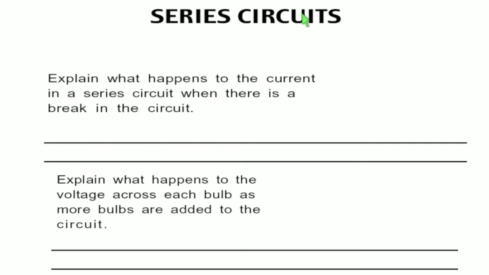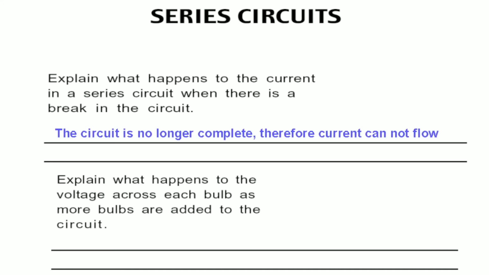Now, before we end our session, let us answer the following. Explain what happens to the current in a series circuit when there is a break in the circuit. So what will happen? Correct. The circuit is no longer complete, therefore current cannot flow. Next, explain what happens to the voltage across each bulb as more bulbs are added to the circuit.